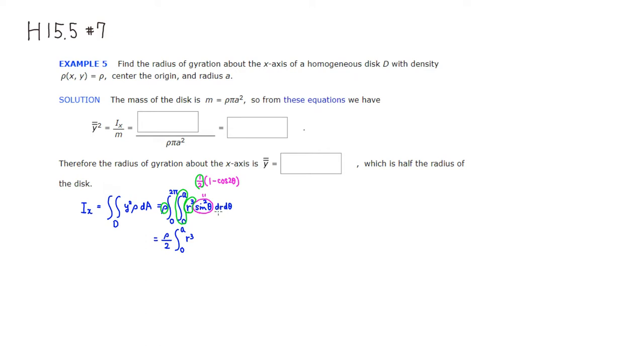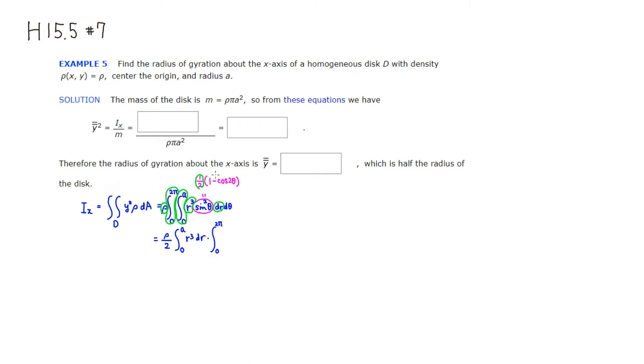And multiply by the integral from 0 to 2 pi.